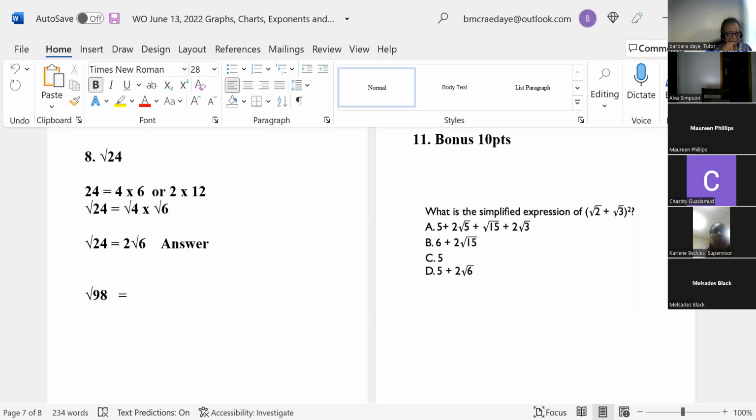Anybody got the answer? What are some factors of 98? What are two numbers you can multiply and get 98? Let me make sure I'm right.